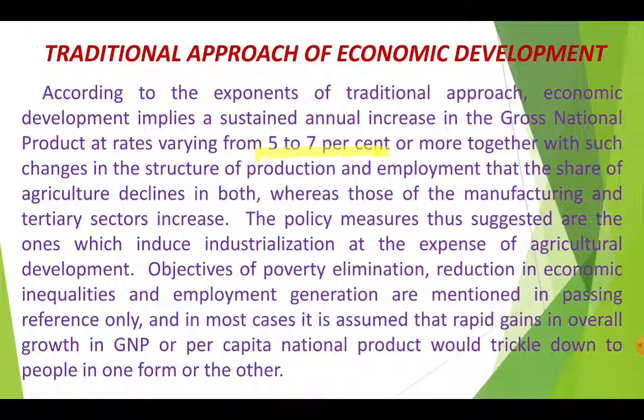According to the exponents of the traditional approach, economic development implies a sustained annual increase in the gross national product at rates varying from 5 to 7% or more, together with such changes in the structure of production and employment that the share of agriculture declines in both, whereas those of the manufacturing and tertiary sectors increase.